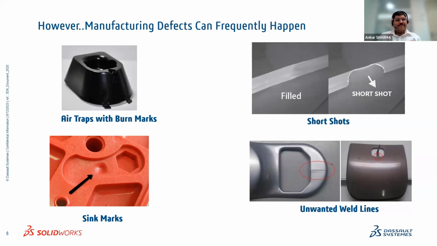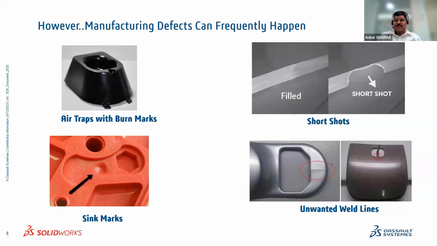Very simple aesthetic defects like air traps with burn marks, a part not filling properly resulting in short shots, an undesirable sink mark at a wrong location, or an unwanted weld line which should have been avoided. So these are very common, simple aesthetic problems which arise out of a plastic part which was designed perfectly but could not be manufactured because of a lot of constraints and limitations.